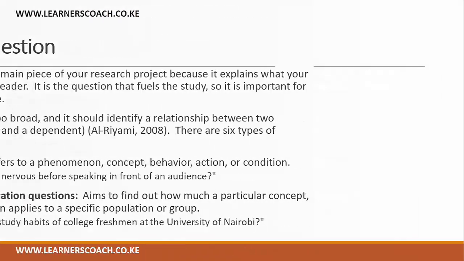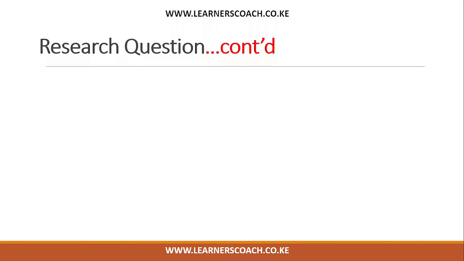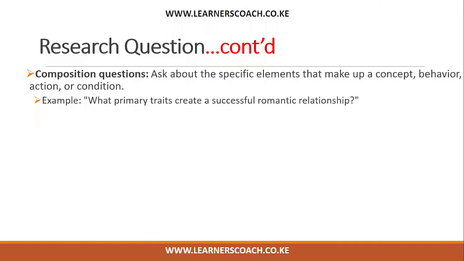We can go ahead and also look at other research questions. We have composition questions, which ask about specific elements that make up a concept, behavior, action, or condition. There's an example here: what primary traits create a successful romantic relationship? So that's an example of a composition question.